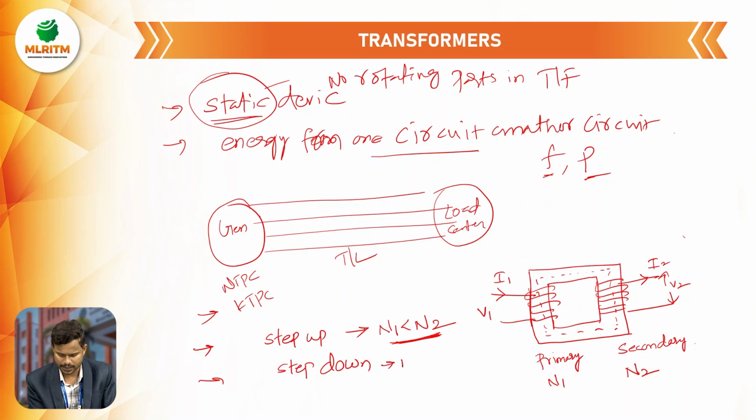If the number of turns in the primary is more than the number of turns in the secondary, then this type of transformer is called a step down transformer. In this manner, a transformer can transfer energy in two modes, step up or step down the voltage level, based on the number of turns in the transformer winding.